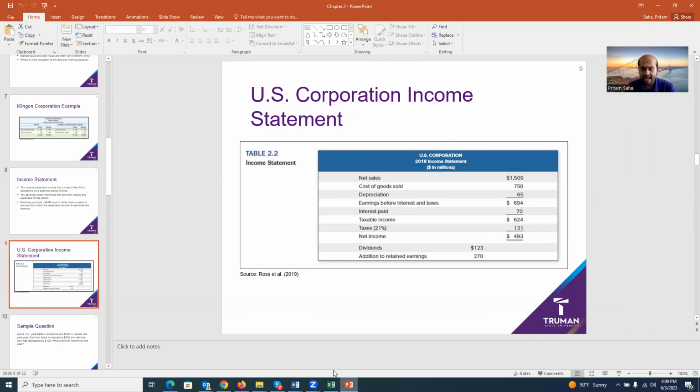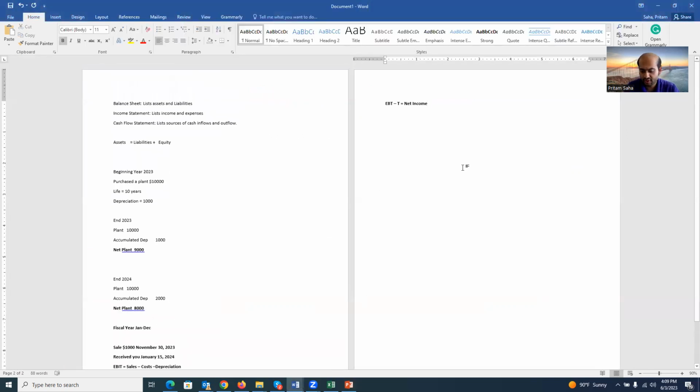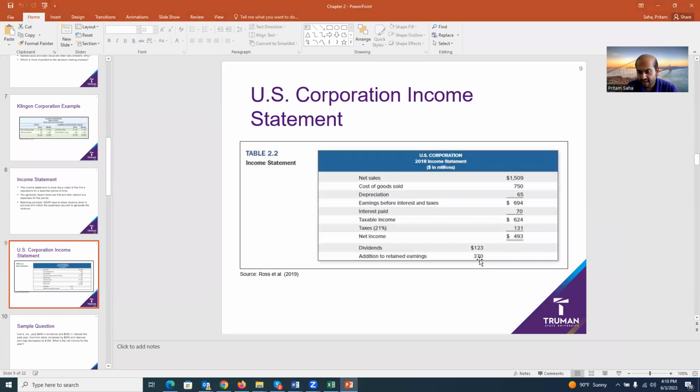So net income has two usages: pay dividends, and retain within the firm, known as retained earnings. Look carefully: if you sum these two, dividends and retained earnings, you will get 493.